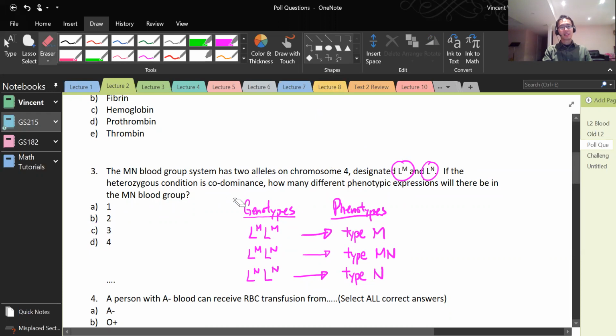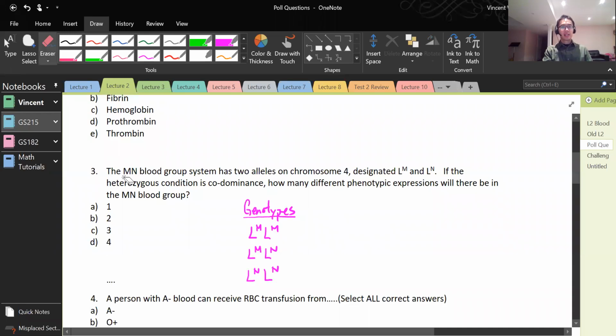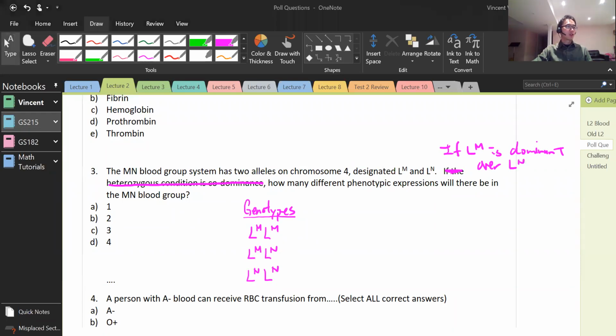All right. Let me change something. Instead of saying the heterozygous condition is codominant, I'll say if LM is dominant over LN. How many phenotypic expressions will there be? Let's try this question again with that change. Let's see if you guys will get it this time.